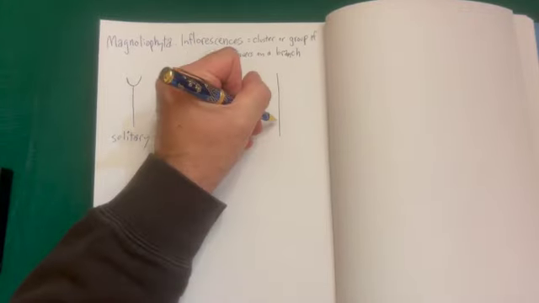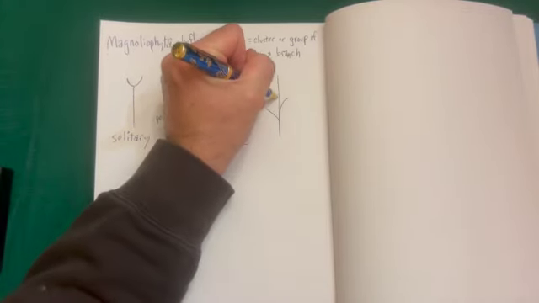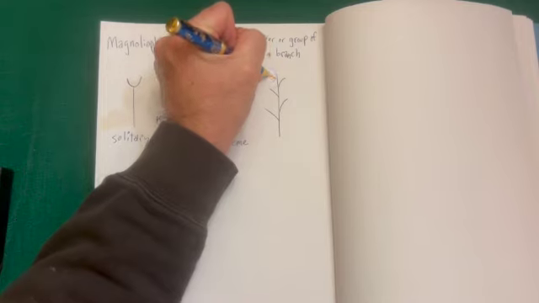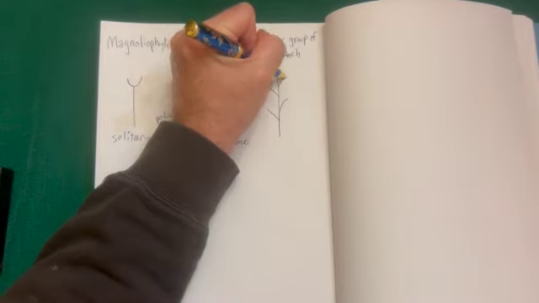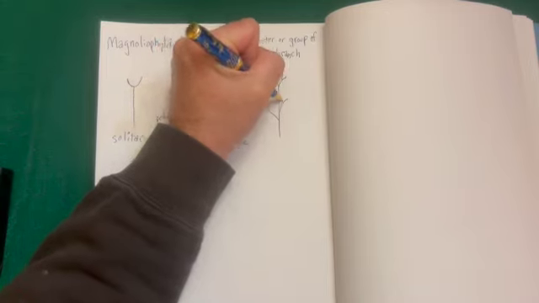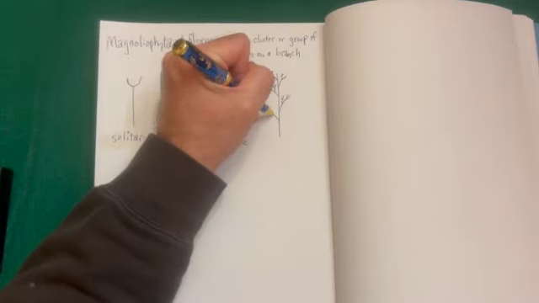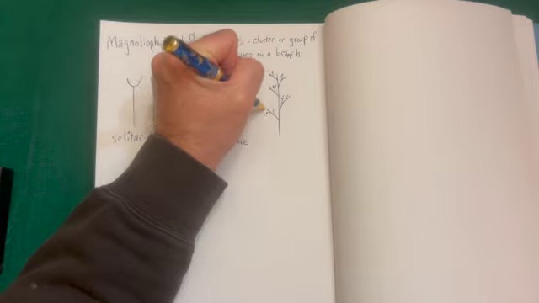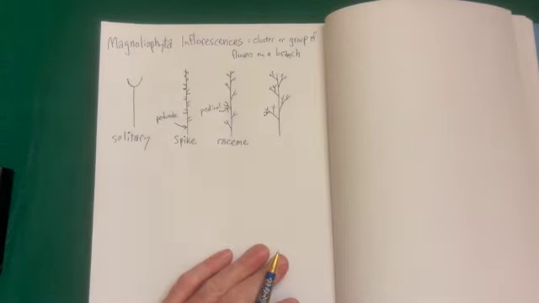All right, so we can take that to the next level and say, what if we have not just one main axis with all the flowers on it, but what if we've got flowers that are off branches of branches?